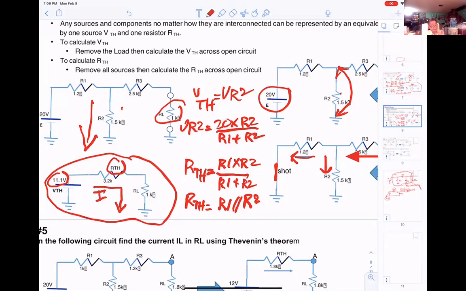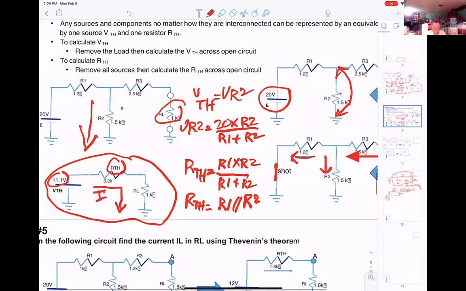Okay? So basically, with Thevenin, we want to combine everything into a single circuit, with only one source and only one resistor. The source will be VThevenin and the resistor will be RThevenin in series. To calculate the VThevenin, the first thing you must do is remove the load.